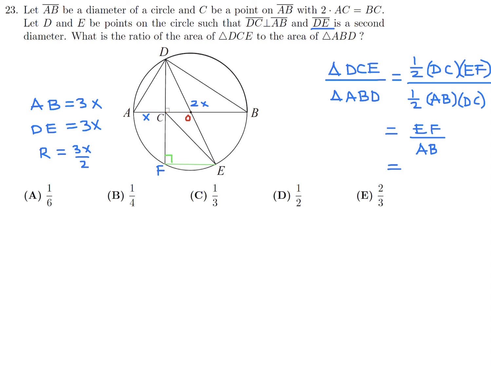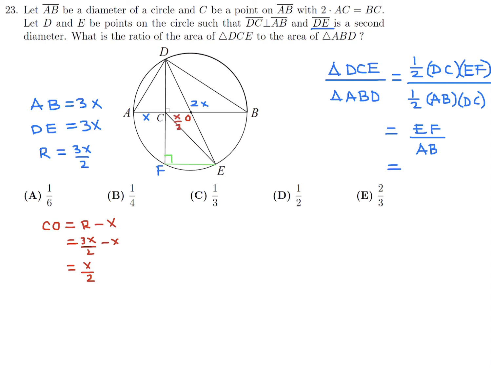Basically, from here to here is the radius, correct? From the center to the edge of the circle. And then from here to here is the X that I labeled. So from C to O will be the radius minus X. So CO will be the radius minus X. And the radius is 3X over 2 minus X. And this becomes X over 2. So I'll just squeeze that in there, X over 2.